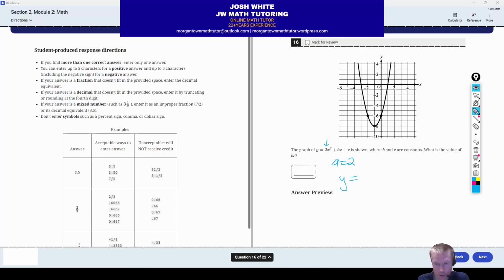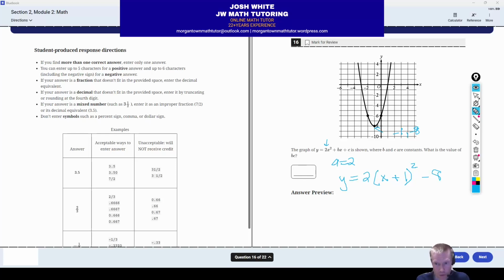So I would rewrite this equation in vertex form. I'd put the a out front and then x minus h, and notice here is the vertex. The vertex is at -1, -8. So vertex form, x minus h squared, x minus -1 squared becomes x plus 1 squared, and then minus k, or -8.